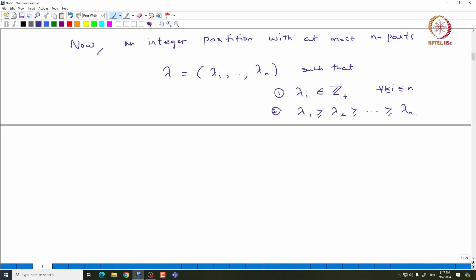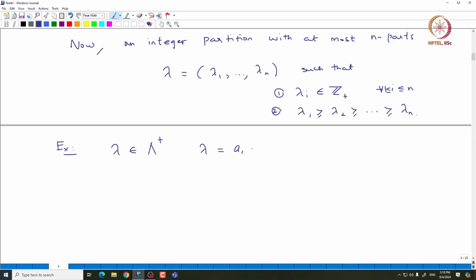So, now I will leave it as an exercise. It is not hard to see that if I take some element lambda in the dominant lattice, the dominant weights lambda plus, then you can write lambda in terms of the omega i basis.